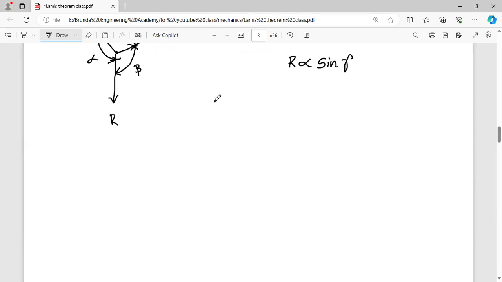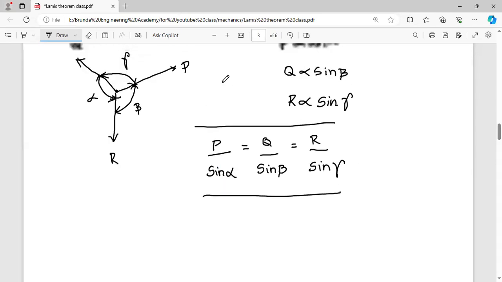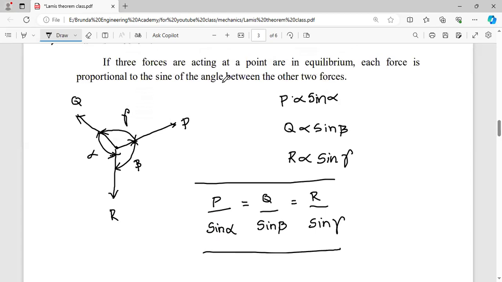From this we can write P by sine alpha equal to Q by sine beta equal to R by sine gamma. So it is the important relation to solve the problems in Lami's theorem.